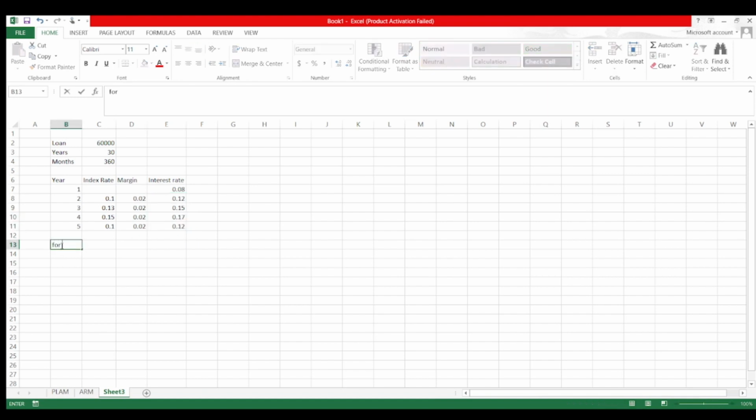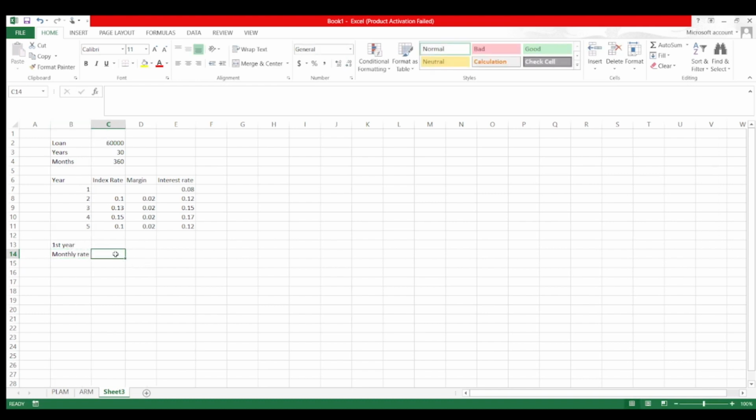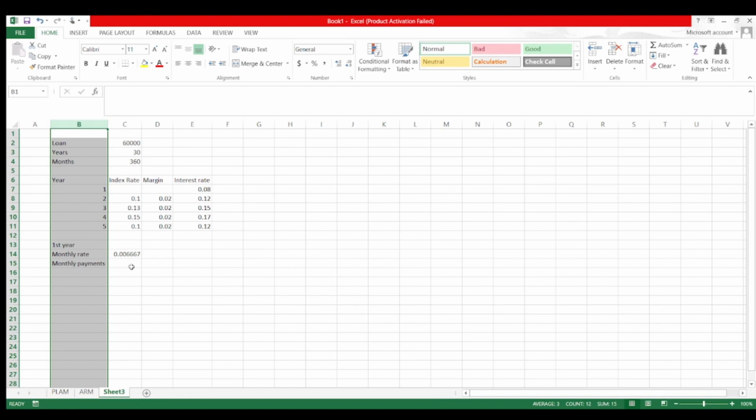So for the first year, the monthly rate will be 0.08 divided by 12. With this, we can calculate the monthly repayments for the first year.